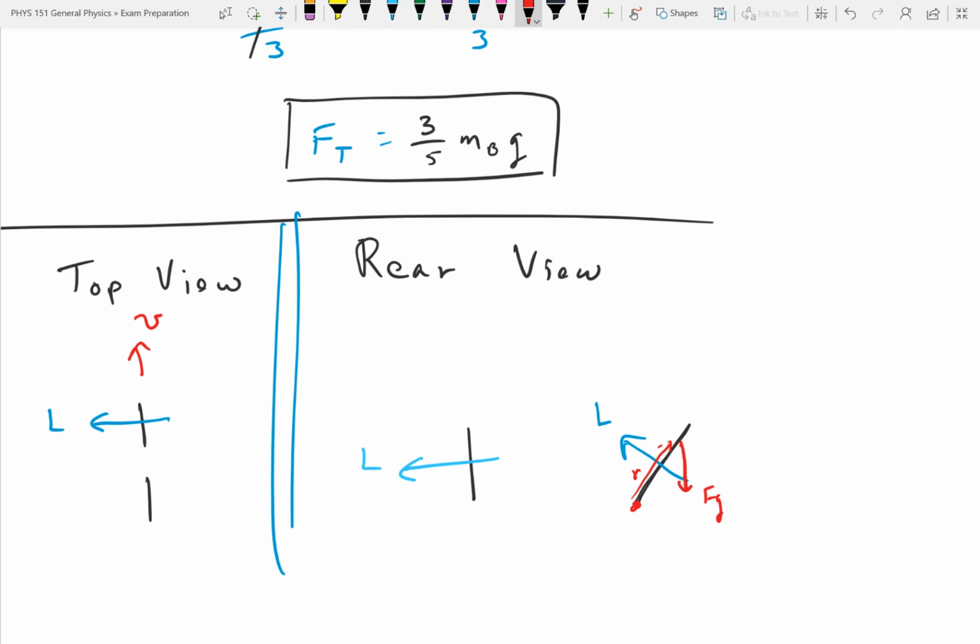R is pointing like that. And then the F is pointing down, and your thumb points into the screen. Yeah. And so that means that the torque is forward. So if I come back to this picture, my torque is like that.